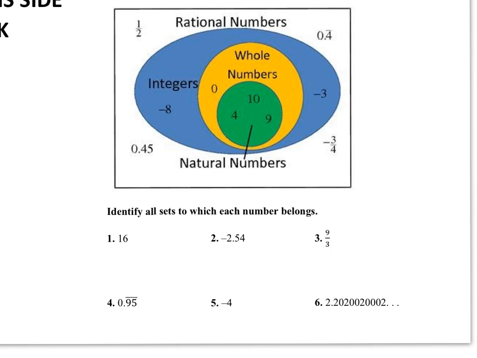Number 1, the number 16. The number 16 is a whole number, an integer, and of course a rational number. But most importantly, it is a whole number because it is a positive value.